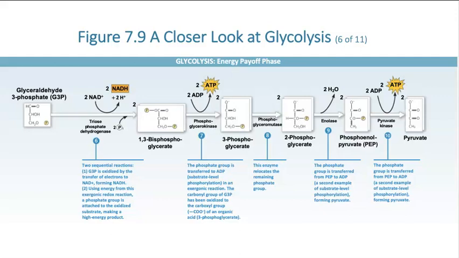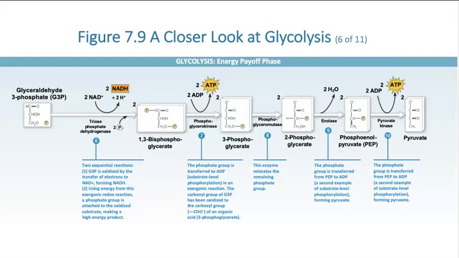G3P is going to have some hydrogen removed from it in the presence of an enzyme called triose phosphate dehydrogenase. So G3P is oxidized, and the electrons are transferred to NAD plus to form NADH. And then we're going to use the energy from that conversion.